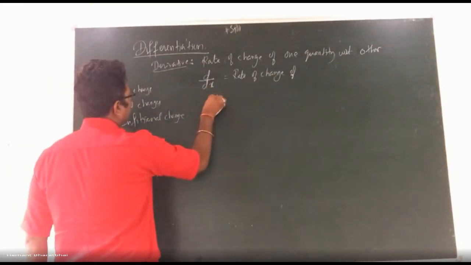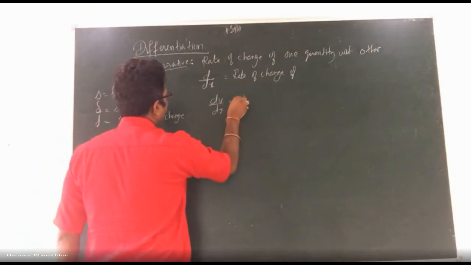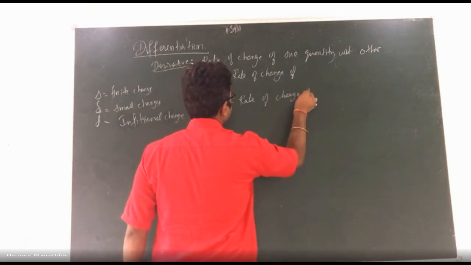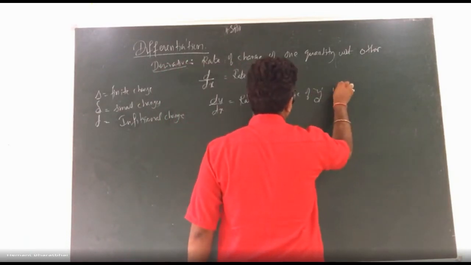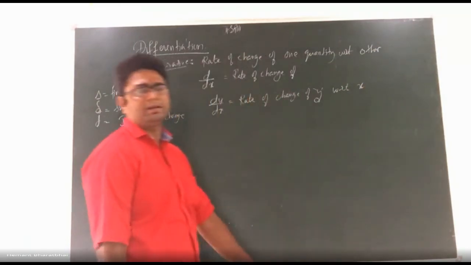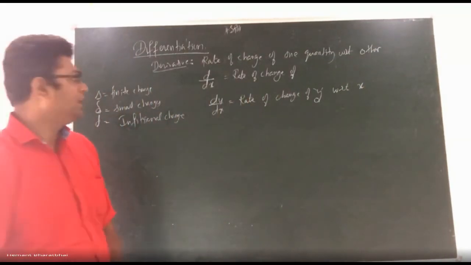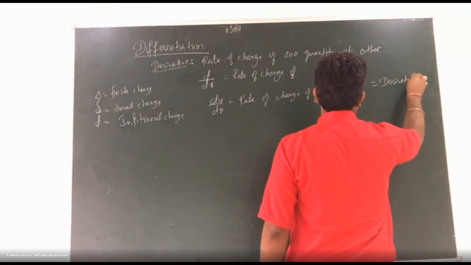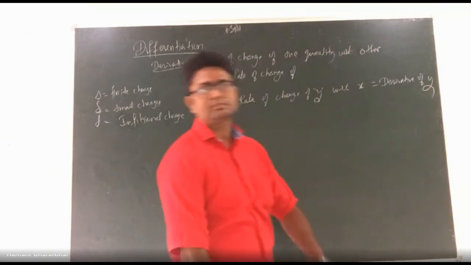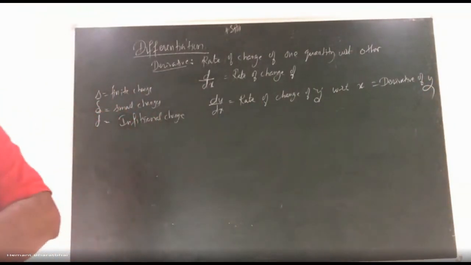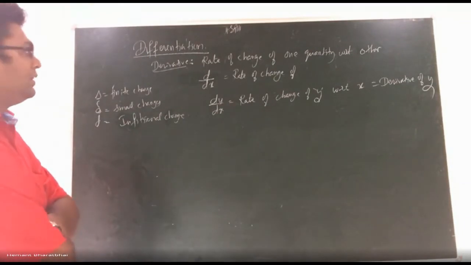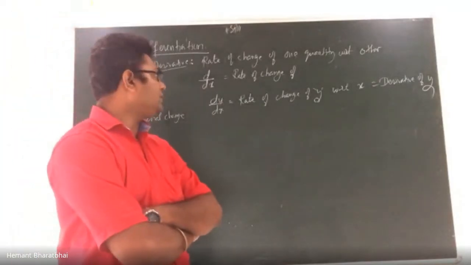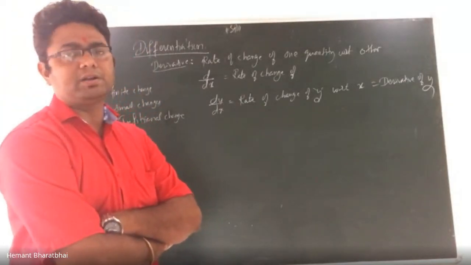If I write dy by dx, it means rate of change of y with respect to x. This is what we also call the derivative of y, or in a broader sense, the rate of change of y with respect to x.